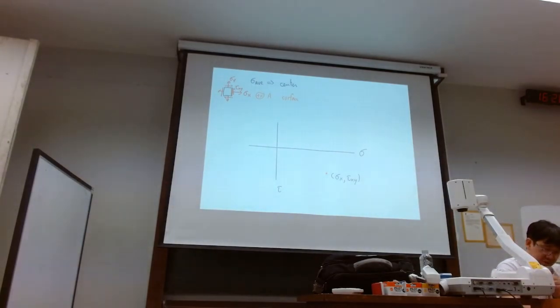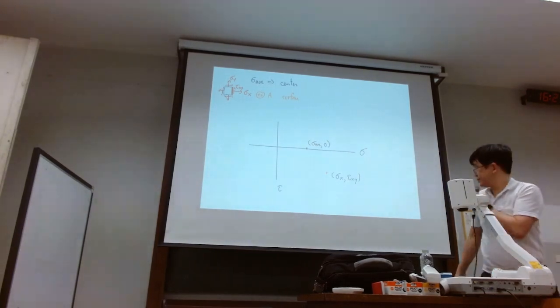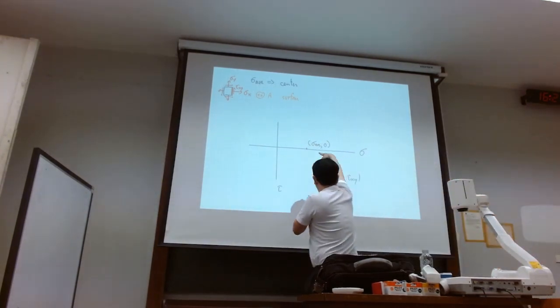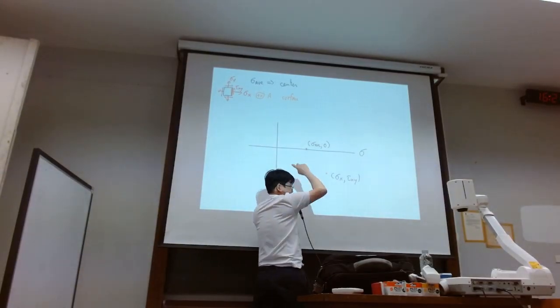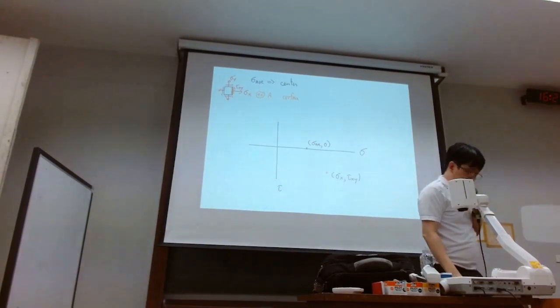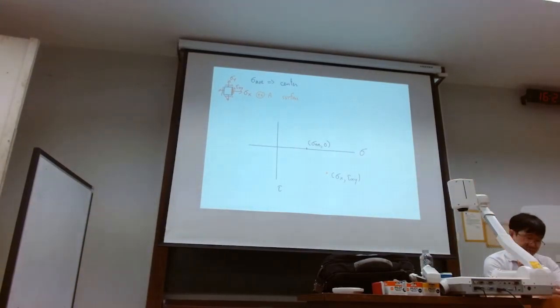Sigma average is going to be another point of the circle, and that would be your sigma average and 0. When you have 2 points, you can just use a compass and draw, and that's it. You get yourself a circle.